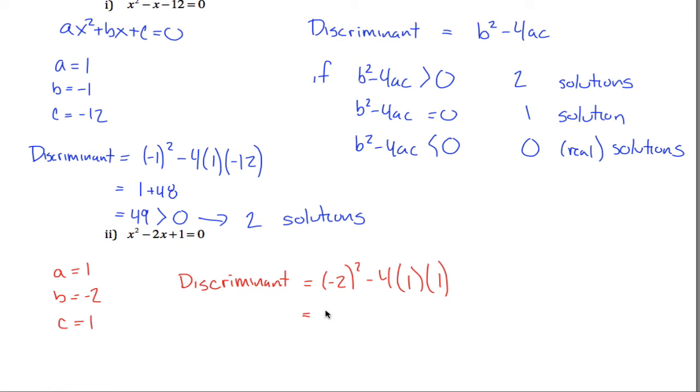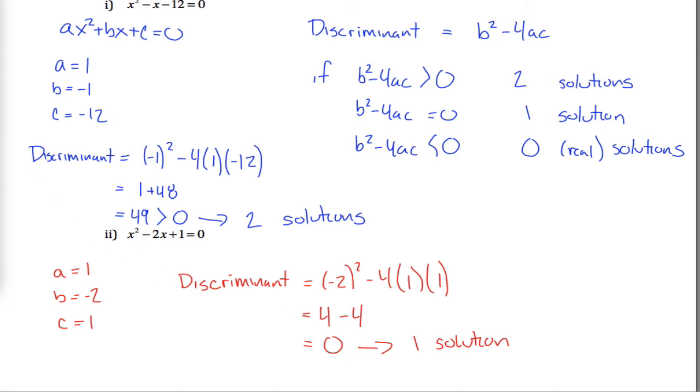Negative 2 squared is 4, minus 4 times 1 times 1 is 4, 0. Therefore, there's only one solution. If you factor this, it will be x minus 1 times x minus 1. So you'd say x minus 1 is 0 or x minus 1 is 0. In other words, x is 1. There's only one solution here.